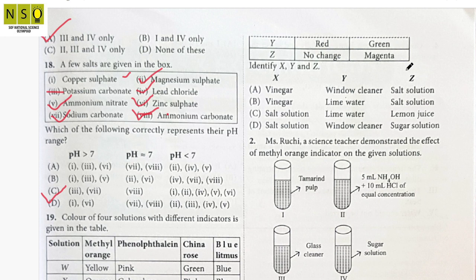Now we have to identify the substances. We know that turmeric remains yellow on the addition of acid, whereas it turns red on the addition of basic solutions.